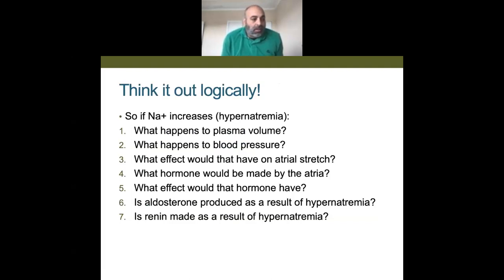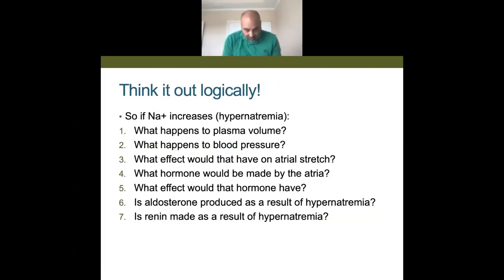Kind of wild. So if sodium increases, so hypernatremia, what happens to plasma volume? You have more salt in you. It should go up because you're going to retain more water. Correct. You're going to pull more water in. So what's going to happen to blood pressure? Same thing, go up. Yep. And then what would happen to atrial stretch?